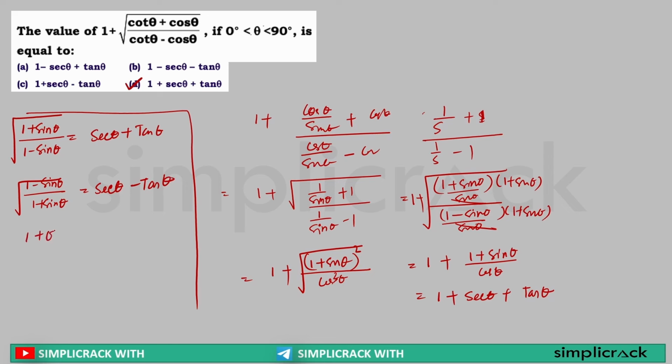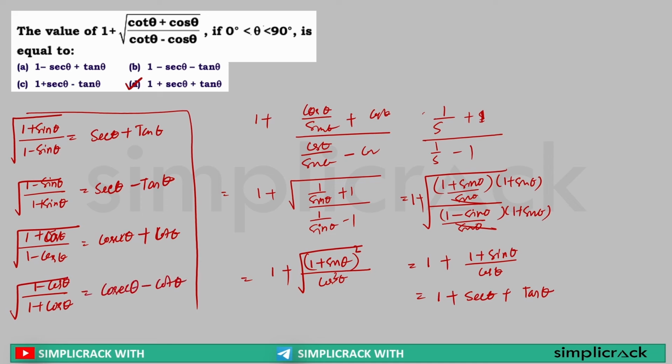Or if it is given as square root of (1 plus cos theta) by (1 minus cos theta), it will be cosec theta plus cot theta. Or if it is square root of (1 minus cos theta) by (1 plus cos theta), then it is cosec theta minus cot theta. Clear? If you remember this, you do not have to go through these steps. You can directly answer from here. Clear? Sorted? Yes or no? Tell me. Got it?